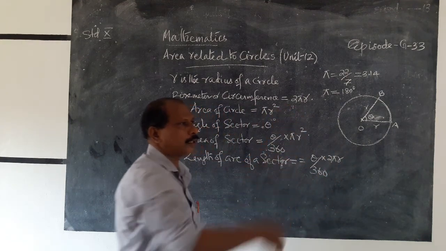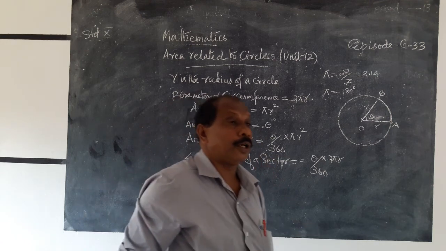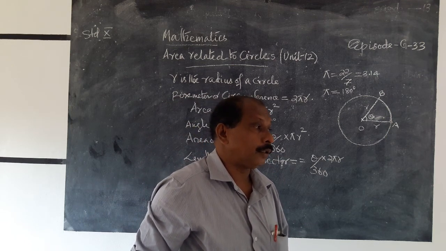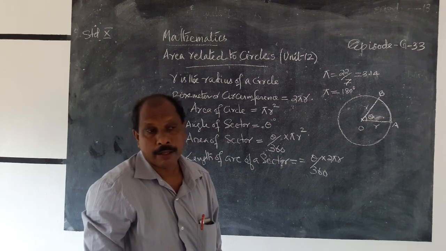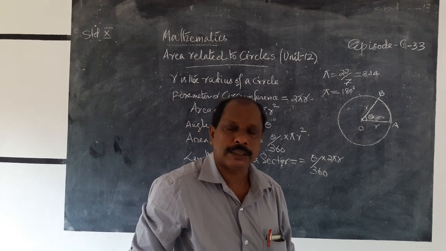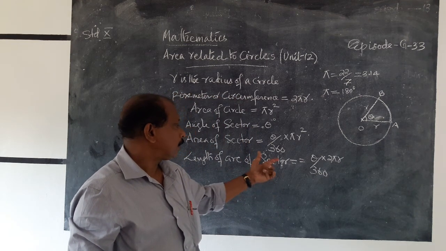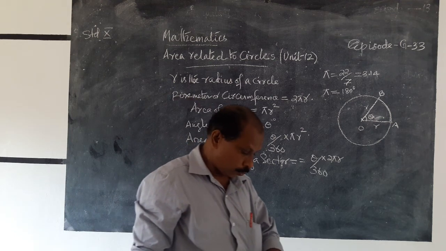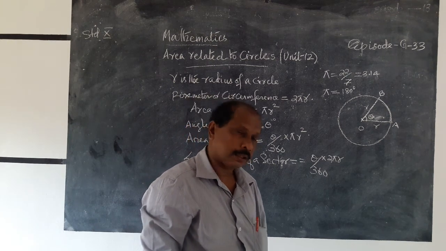The length of the arc is the part of a circle between the two endpoints. Therefore, the area of the sector with angle theta is theta by 360 into pi r square, and the length of the arc of the sector is theta by 360 into 2 pi r.